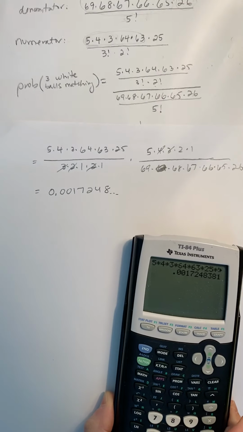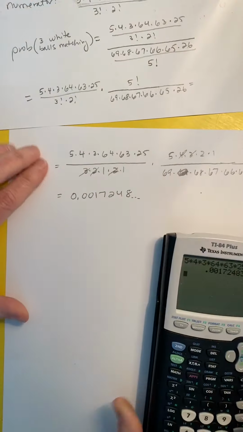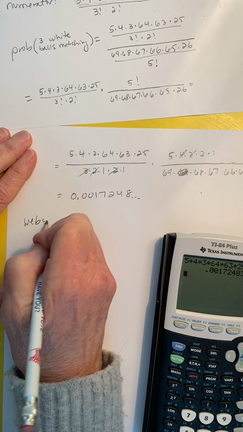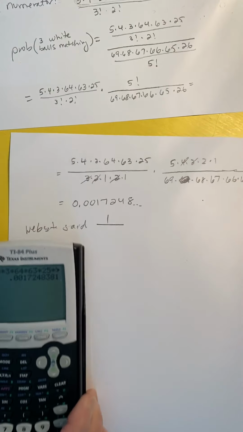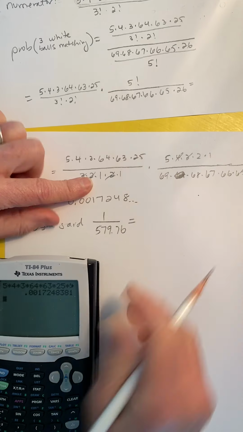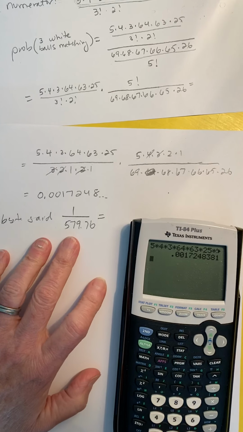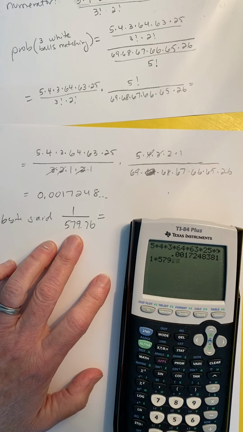Now, the website said the odds were 1 out of 579.76. I'm going to turn that into a decimal and see if they're equal. 1 divided by 579.76.